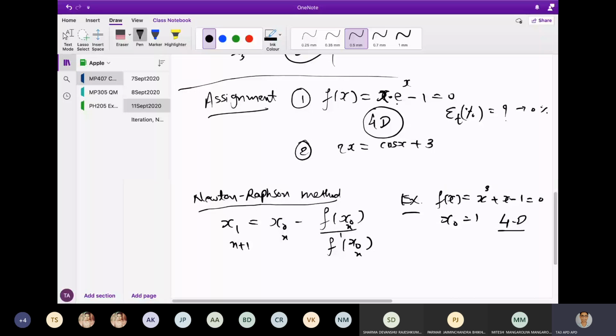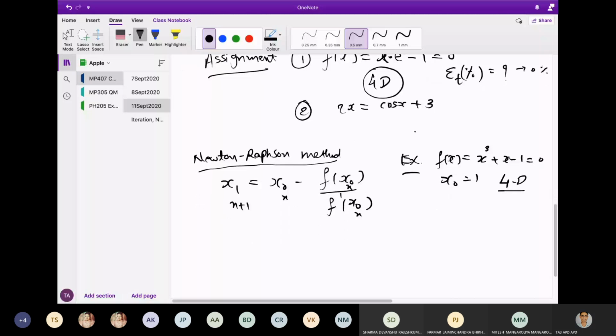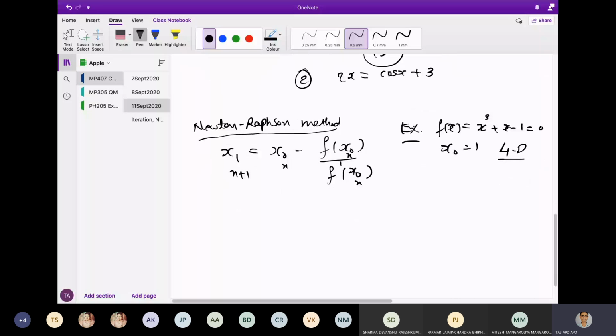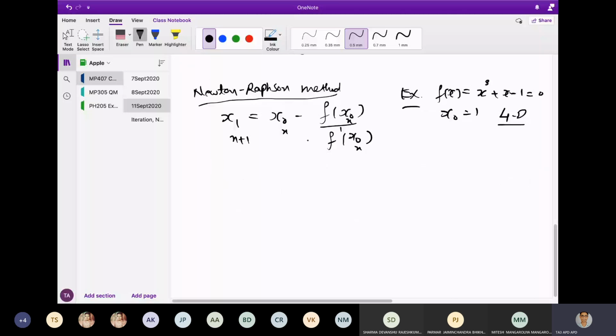That was with your simple fixed point iteration method. And then we saw the Newton-Raphson method, which I just briefly highlighted how it is actually obtained. So the Newton-Raphson method is a very useful method as compared to the previous simple fixed point iteration, where you simply iterate with the given functions.